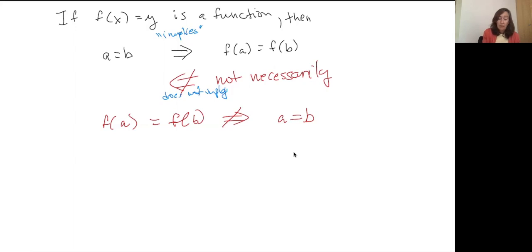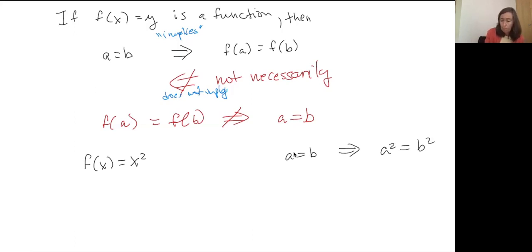And where you can see that is with f of x, the particular function we're thinking about, being x squared. Well, it is true that if you start with a equals b, that implies that a squared equals b squared. That's great.